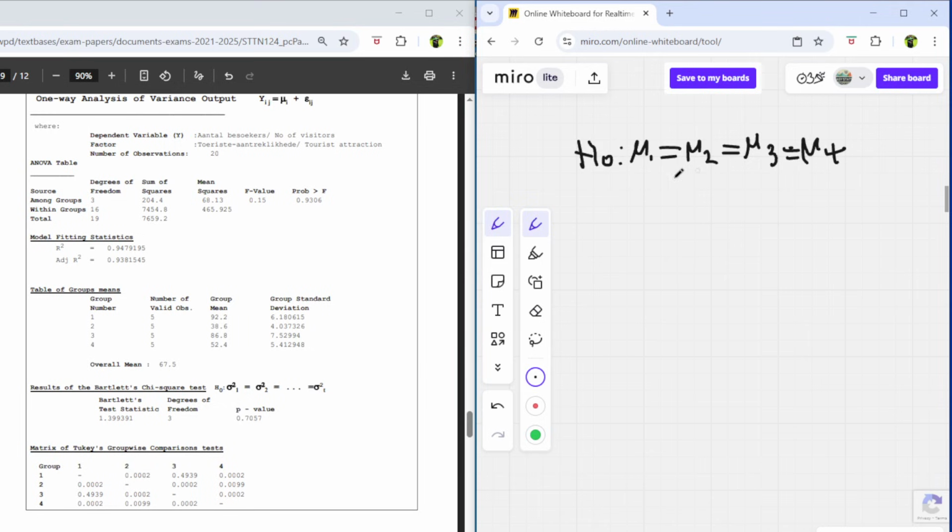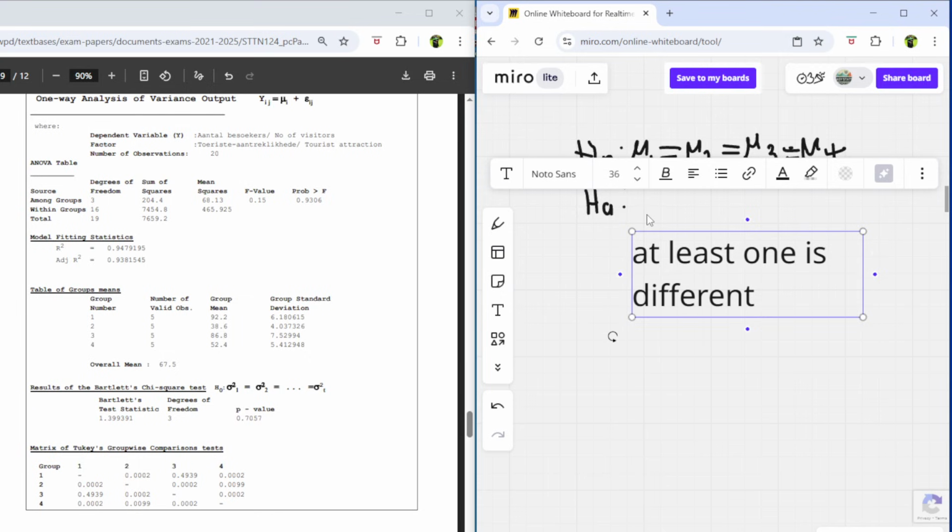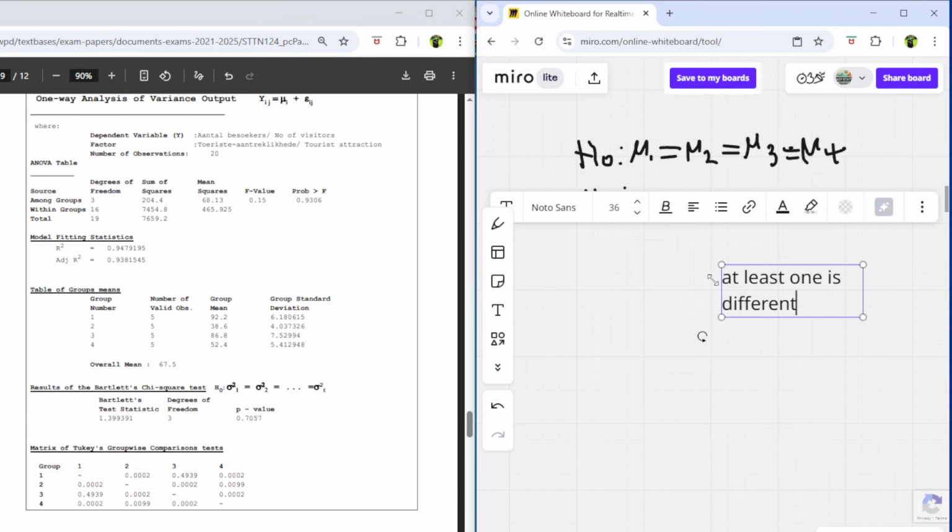So basically saying all the tourist attractions have the same number of quarterly visits. And then for the alternative, you just say at least one is different.